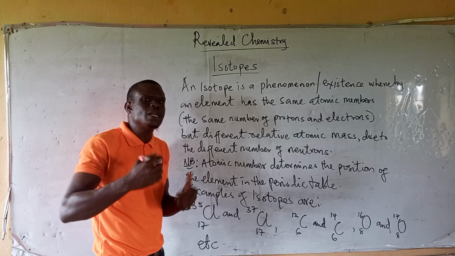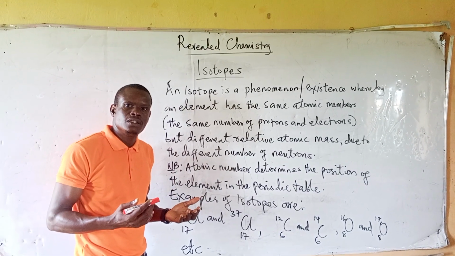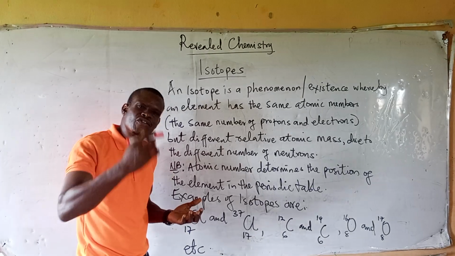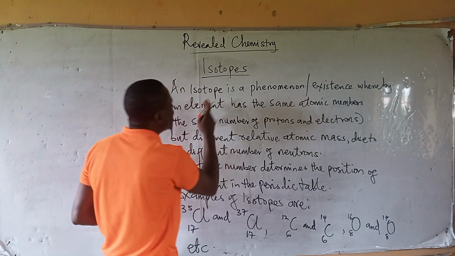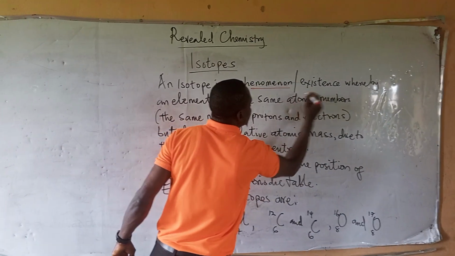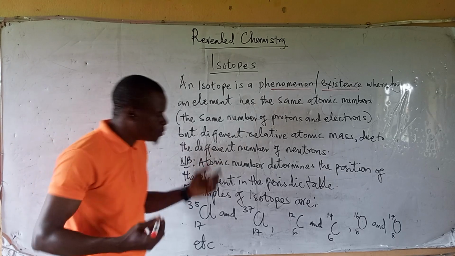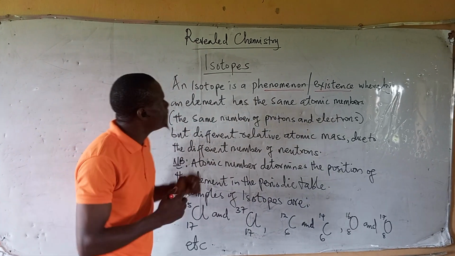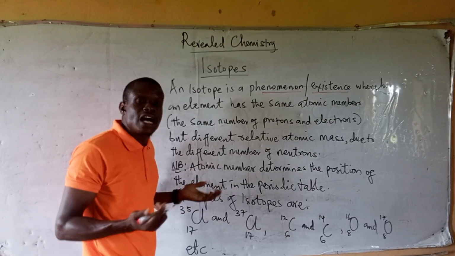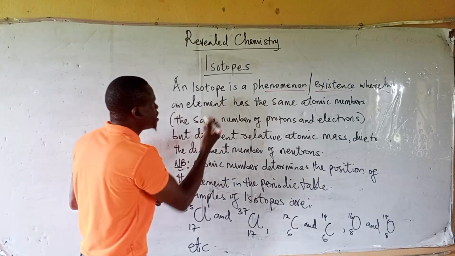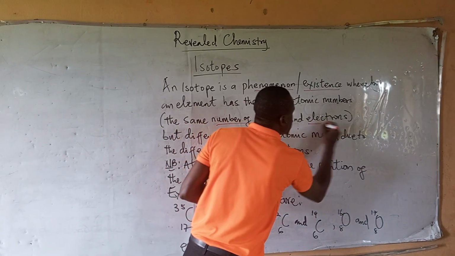Isotopy is not a process; it's a phenomenon or an existence whereby an atom has the same atomic number, but different atomic mass. They can also say that they have the same proton number and electrons.